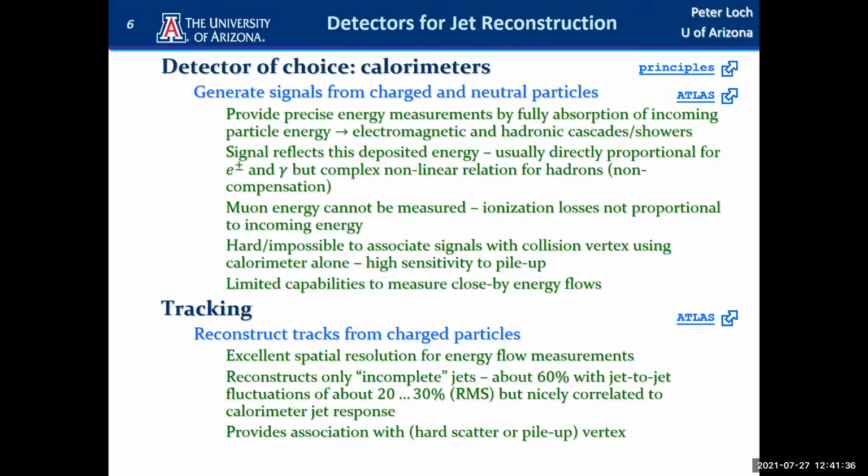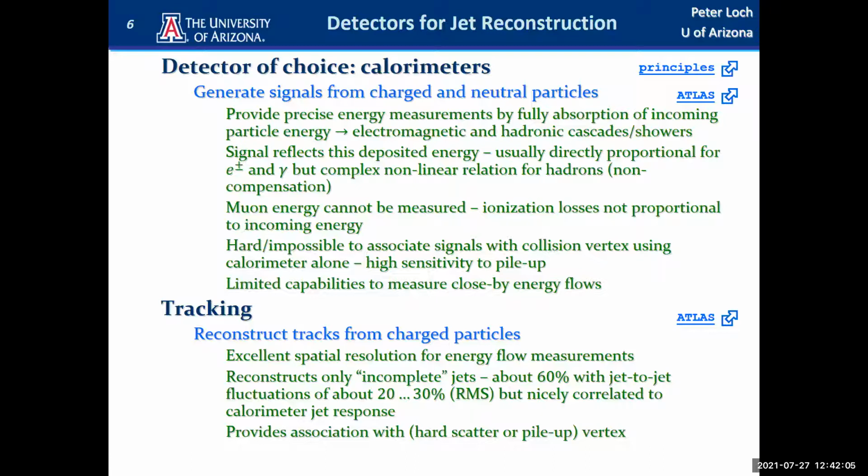Calorimeters are notoriously bad when it comes to associating signals with collision vertices. They thus have a high sensitivity to pileup, because we have very little judgment about which part of the calorimeter signal comes from pileup, meaning from interactions that happen at the same time as the one we're interested in, or which comes from the one we're interested in.